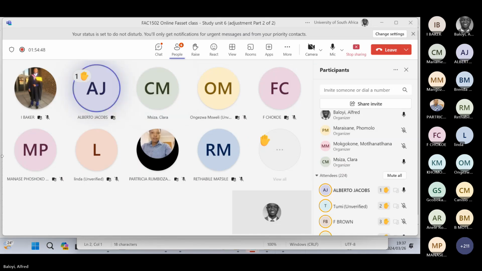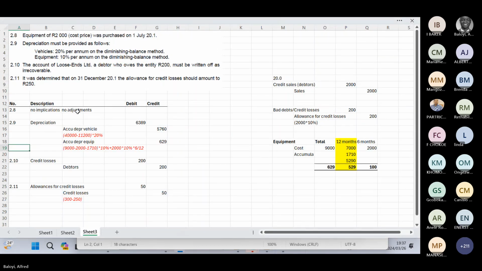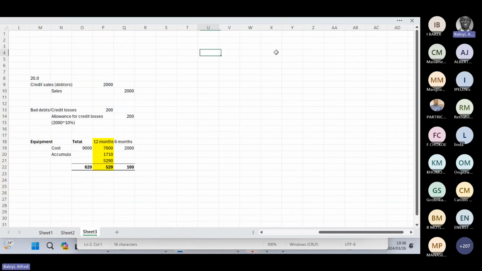Thank you, Ms. Lara. Good evening. It's a clarity-seeking question in terms of 2.9. I think I'm a bit lost with regards to the 6 months, because as per 2.8, the equipment was bought in July. Isn't it supposed to be 7 months? If you use the number line, you will see that from 1 July up until December, it's 6 months.